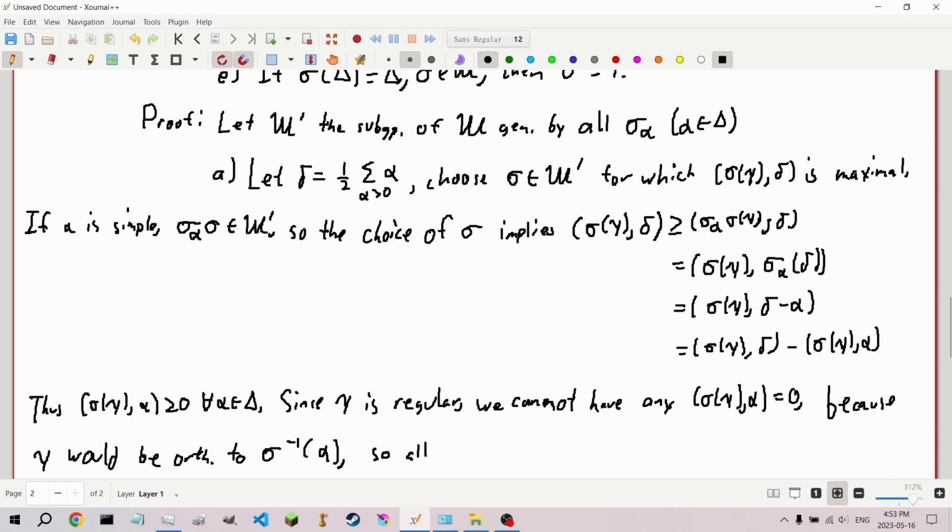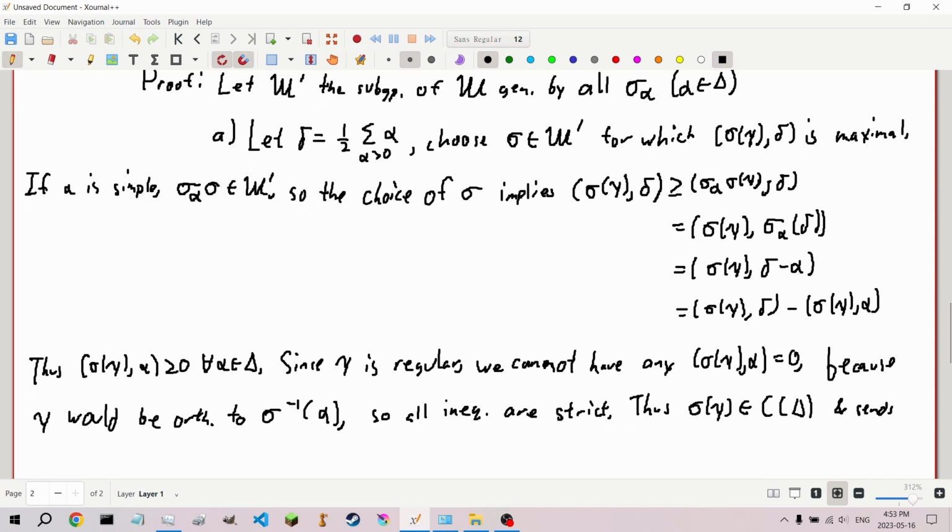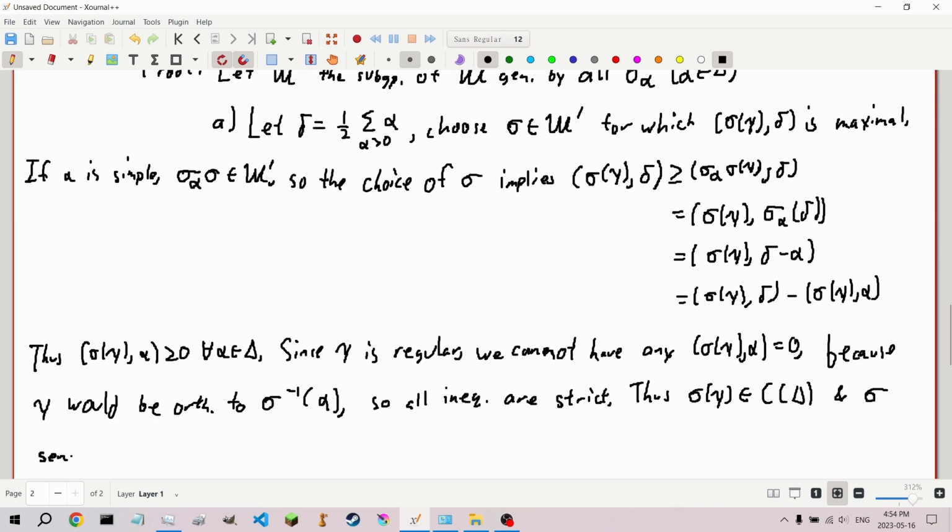So all inequalities are strict. Thus, σ(γ) lies within the Weyl chamber of our base, and σ sends the Weyl chamber of γ to the Weyl chamber of our base.